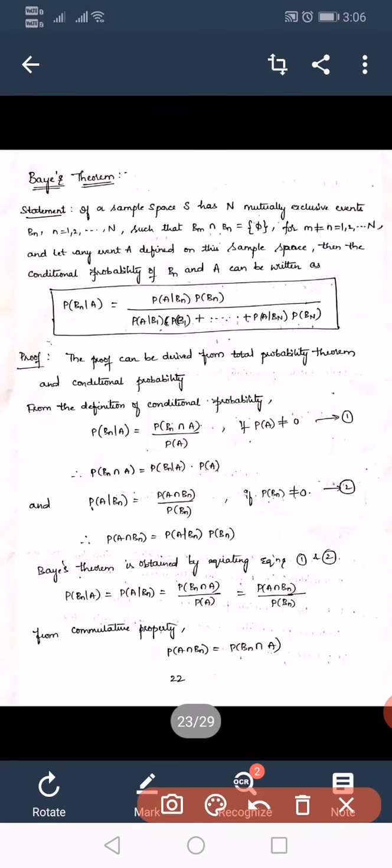Consider a sample space S that has n mutually exclusive events, where Bm intersection Bn is equal to the empty set.